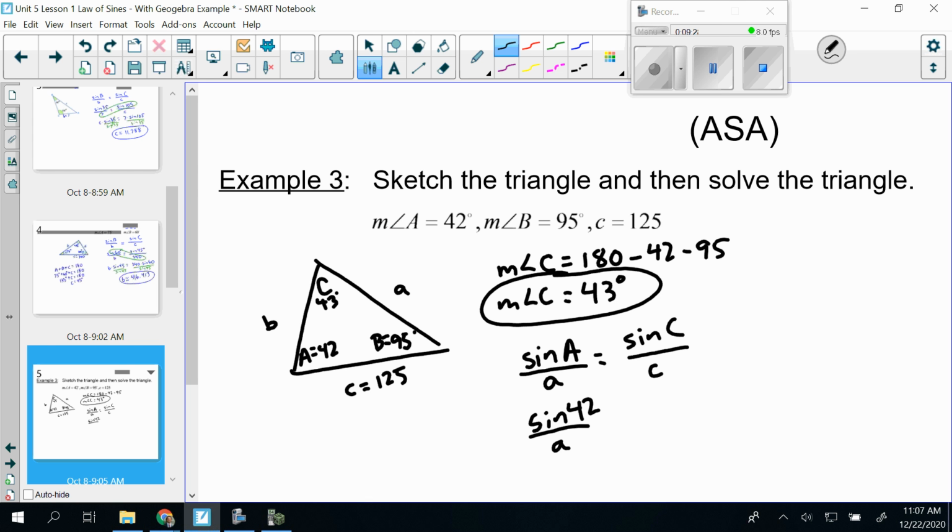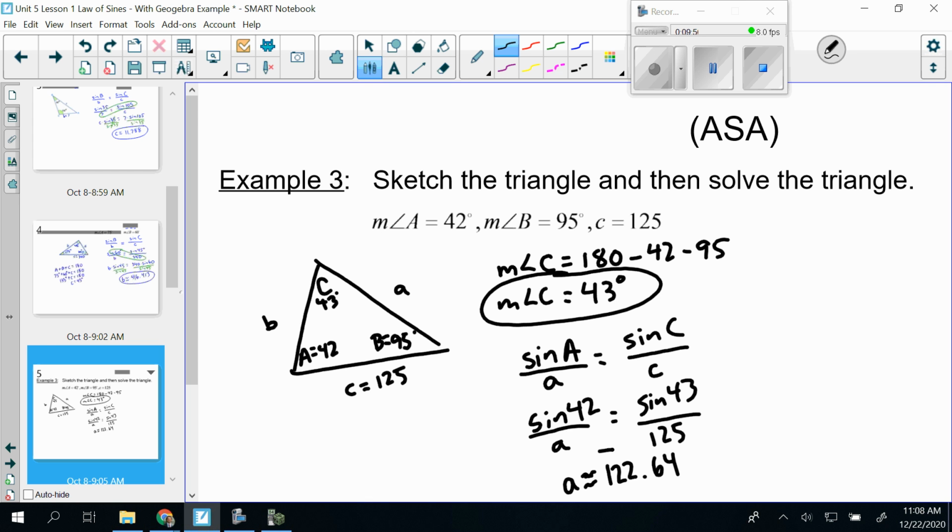We're solving for side A. This is 43 degrees over 125. Now cross multiply and divide, and you should get what side A would be here. And if you solve it out correctly, it should come out to be approximately 122.64.